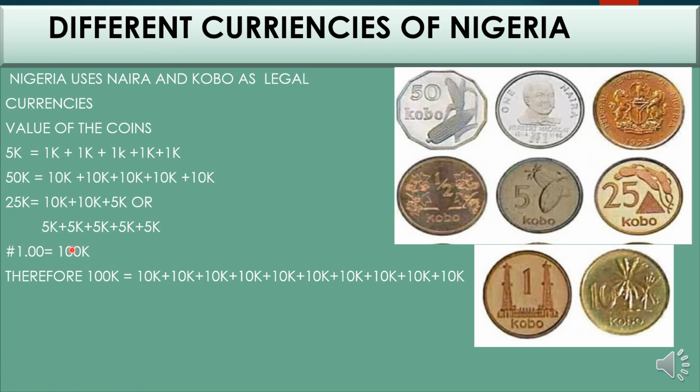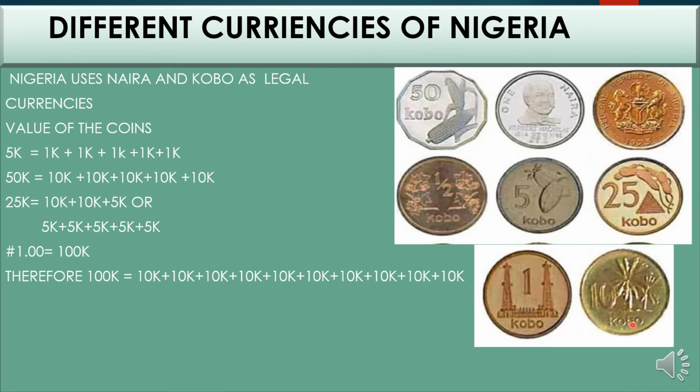And 100 kobo will now give us what? 1 naira. That means if you bring 10 of these 10 kobos, I would give you 1 naira. That is the value for your what? Money. If you bring 10 of these 10 kobo here, I will give you 1 naira.